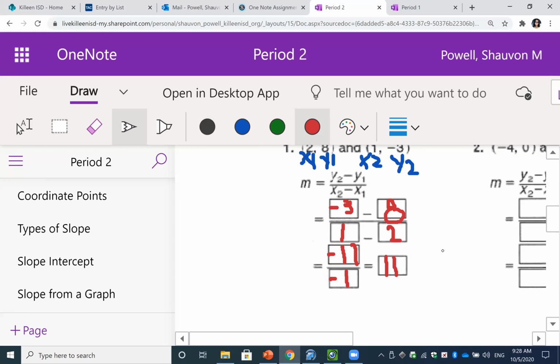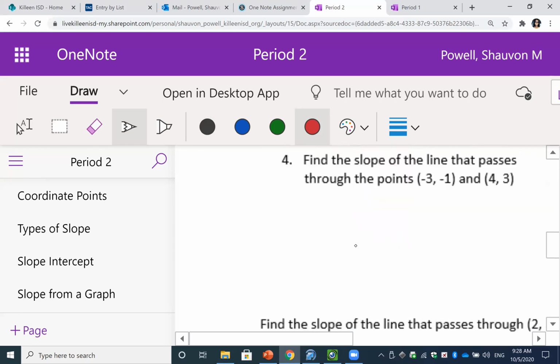Okay? Step by step is how 1, 2, and 3 want you to do it. Now, for 4 on, this is all I need to see. Either in your notebook or somewhere, you're going to draw out the formula. So the formula comes with the division sign and 2 minus signs. That's what that is.